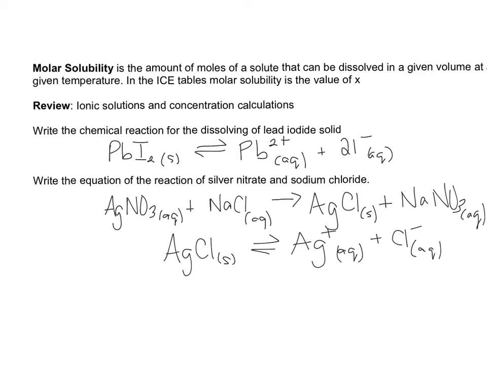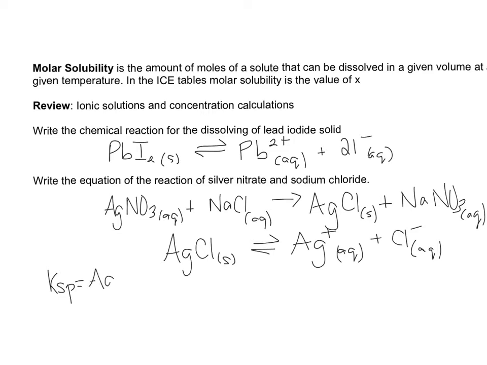So then, the K value for these will be called a KSP, and it's products over reactants. So the products are the aq ions and the reactants are the solids, but don't forget, solids don't change enough to be considered unchanged. So therefore they become part of your K value.